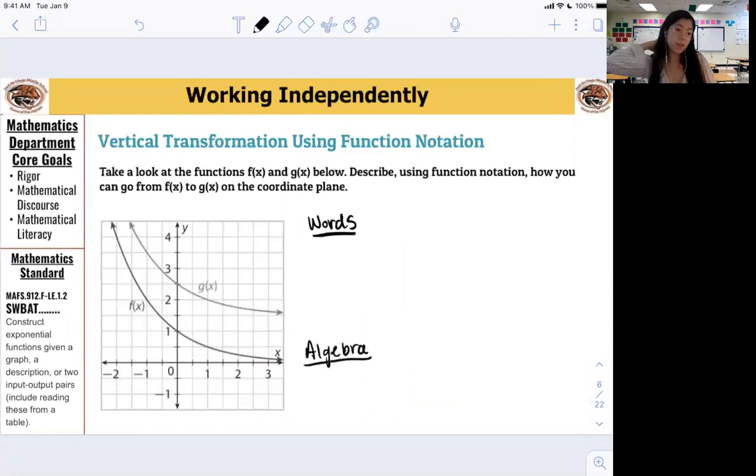Take about a minute and a half to do that. Okay, a couple of seconds remaining.